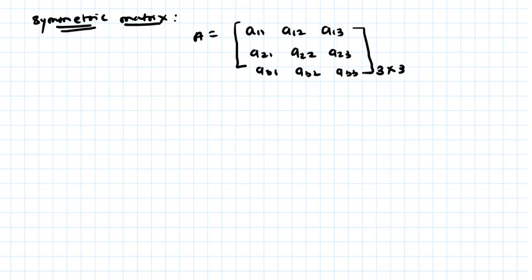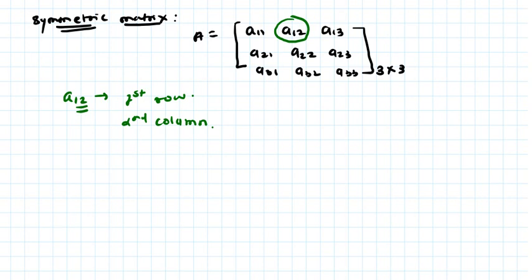Now if you observe this element A12, the suffix here is 12. This suffix 12 denotes the position of that element inside the matrix. The 1 denotes the row position, which means this element is present at the first row and at the second column.